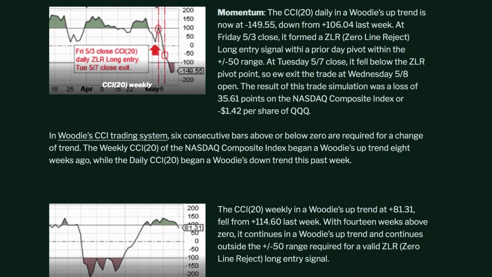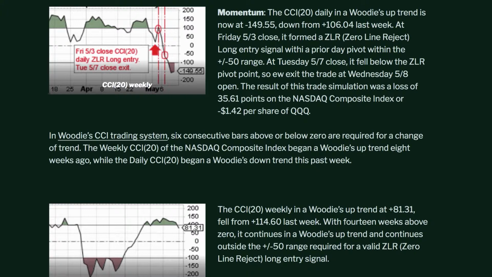Momentum. The CCI 20 daily, in a Woody's uptrend, is now at a negative 149.55, down from a positive 106.04 last week. At Friday 5-3 close, it formed a zero-line reject long entry signal, with a prior day pivot within the plus or minus 50 range.